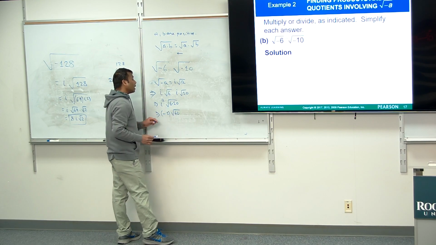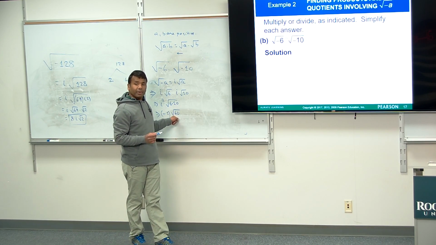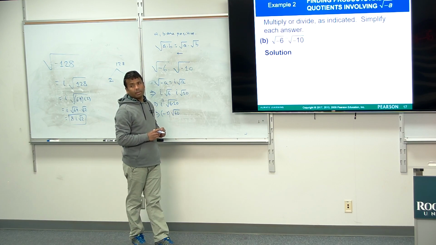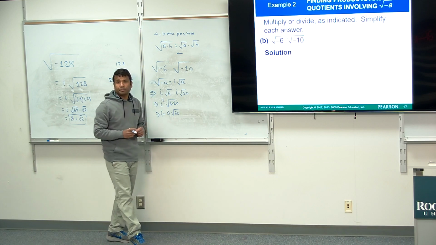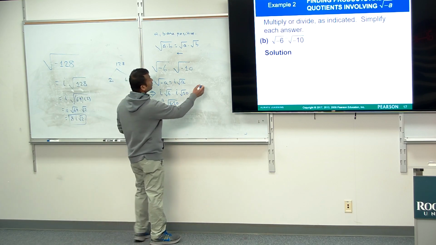Now, can you further simplify radical 60? Can you rewrite 60 as a product of a square number and another number?